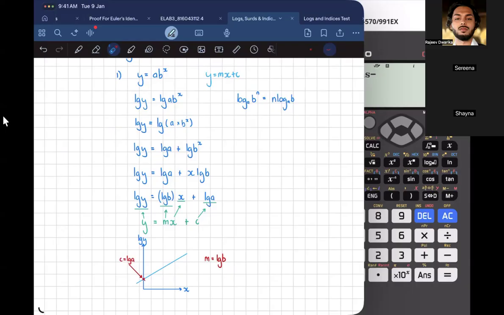So we're using the reverse of the product law, and you'll end up with log a plus log b to the power x. Your log y will be a y. Your log b will be an m. Your x will be an x, and your c will be a log a.